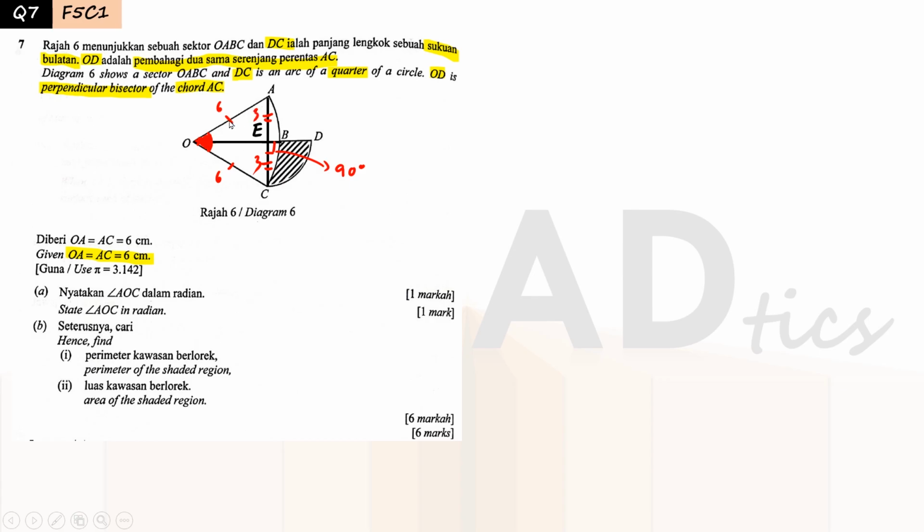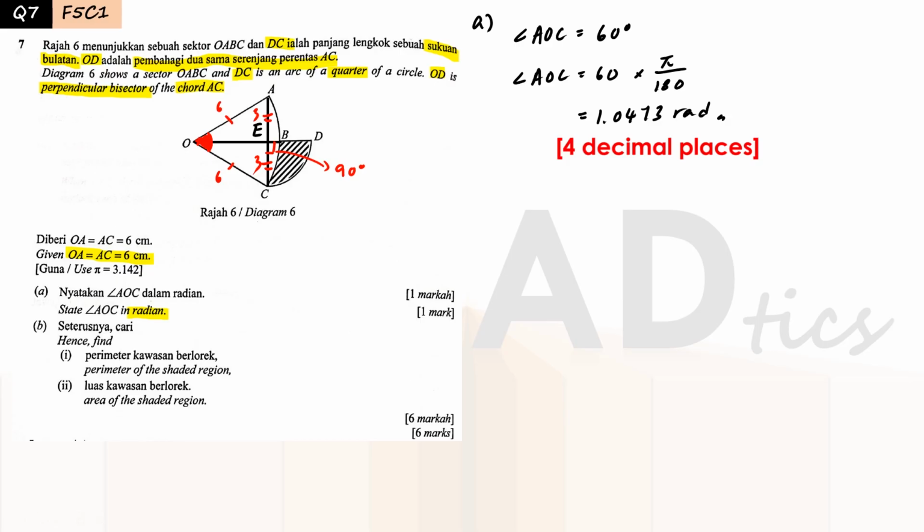We know that the total angle for a triangle is 180 degrees. So to find AOC, I just divide by the three similar angles here. So the angle should be 60. Okay, but take note, it says in radian. So for the angle here, we need to multiply by pi over 180 to get the radian, which is 1.0473 radians, and make sure to put in 4 decimal places.